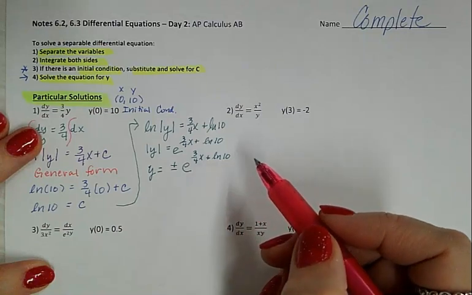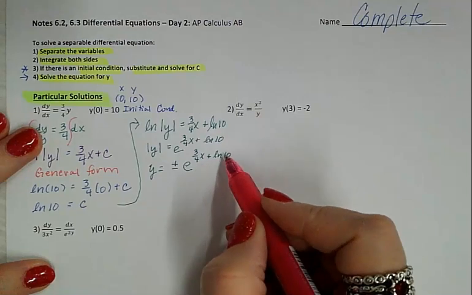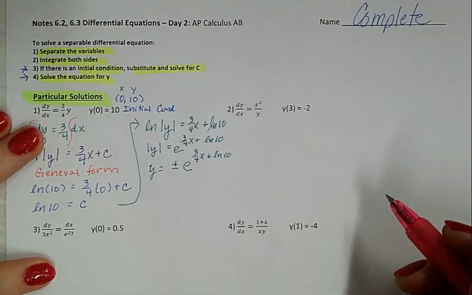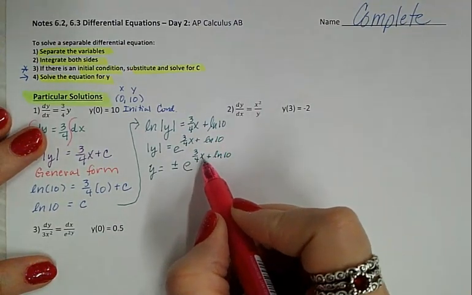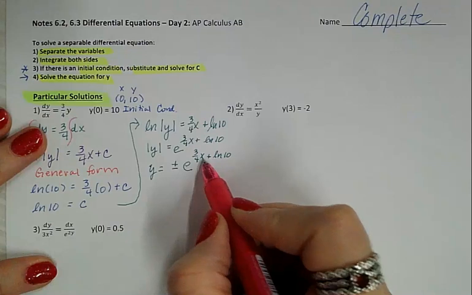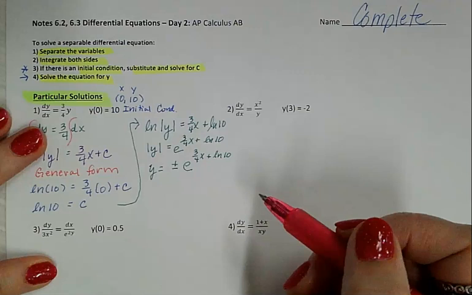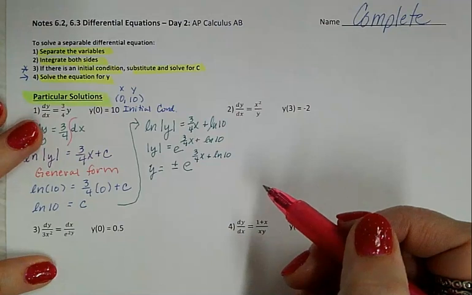So remember last time we practiced splitting these up, so this is e to this part times e to this part. So as we're working through that, I'm literally going to plug the 0 in. So 3/4 times 0 is 0, and then I have e to the natural log of all of this, which is 10. So when I plug in 0, I should get positive 10.